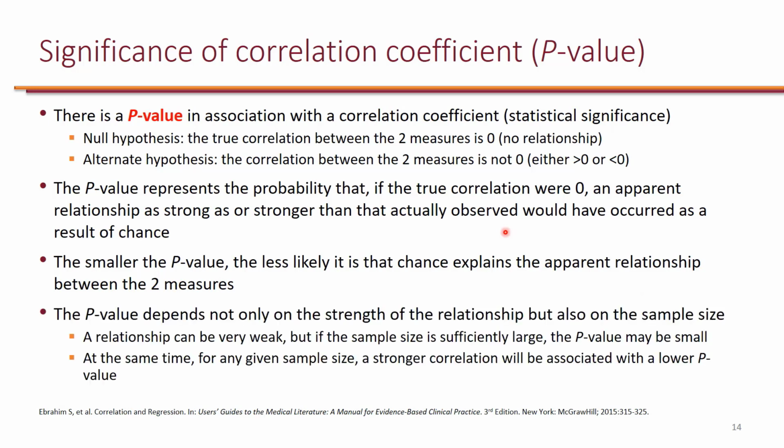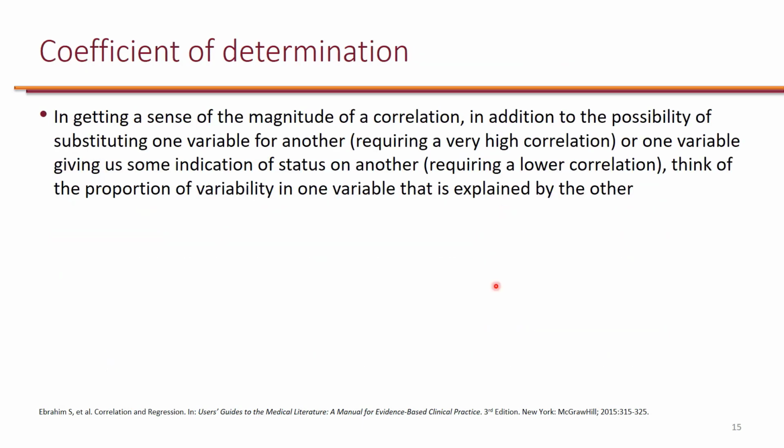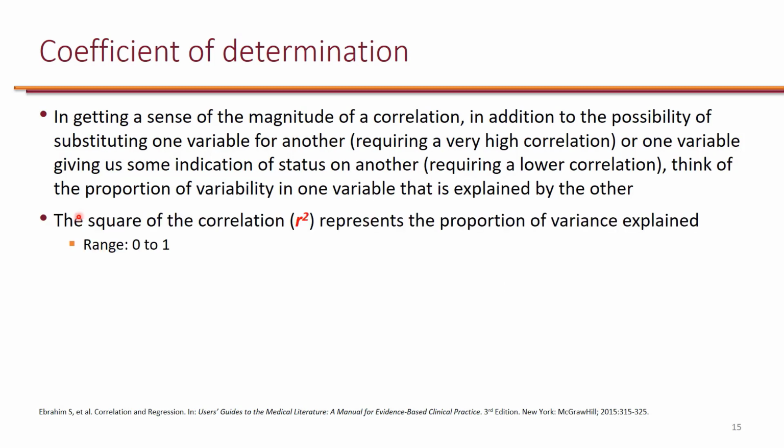Also, a larger sample size will be more likely to have a significant p-value for a correlation. Another concept that's clinically important is the coefficient of determination, which is calculated by squaring the R. Because we're squaring the R, we can no longer have a negative number. So the range is from 0 to positive 1.